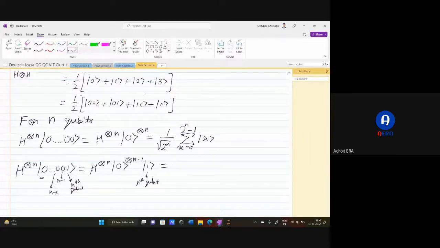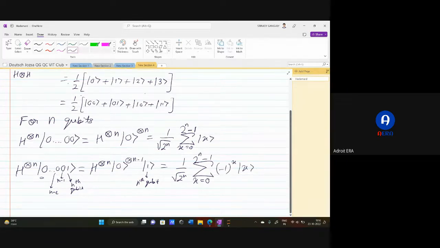What will be the expression? 1 under root 2 to the n, and again the summation, the same, x from 0 to 2 to the n minus 1, then minus 1 to the power x, and then ket x.